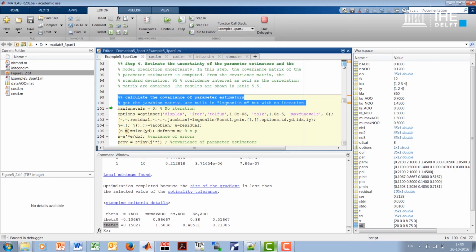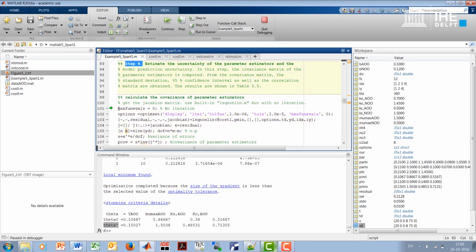Thus, the final results of the parameter estimation are displayed on the command window. They can be compared with the initial starting values.